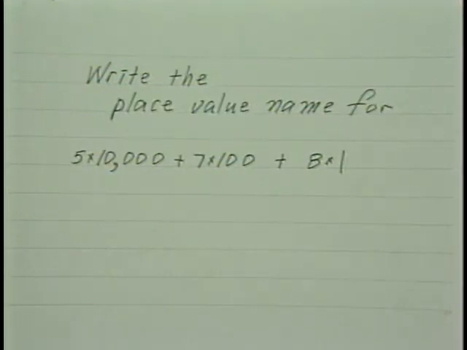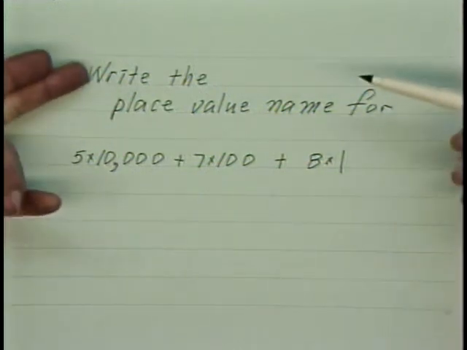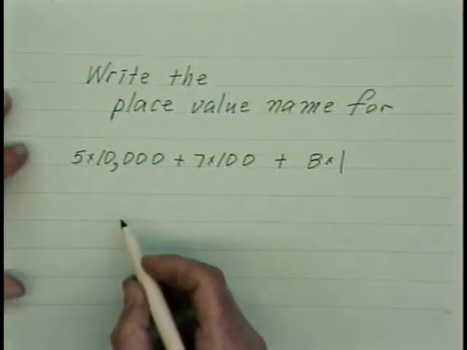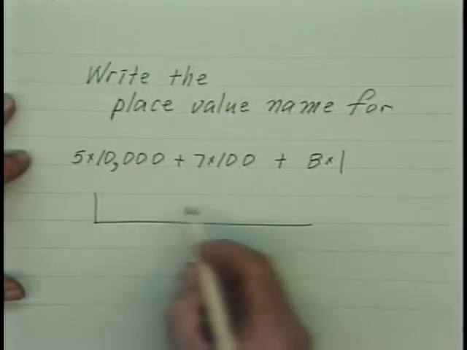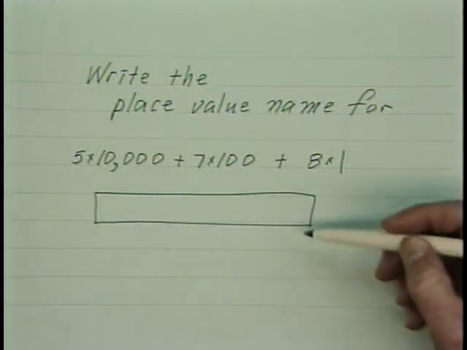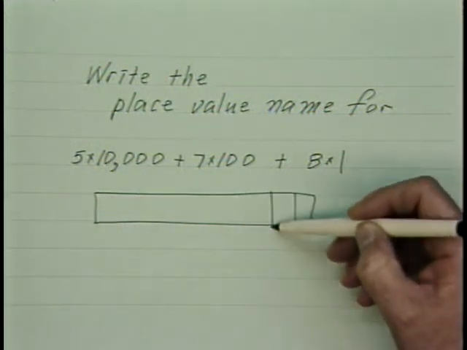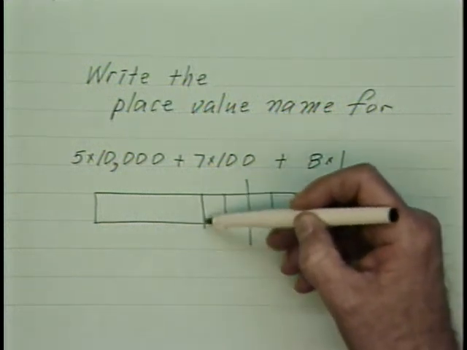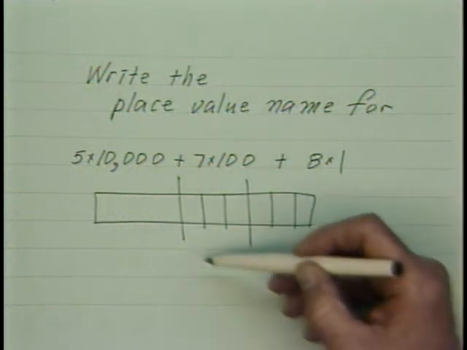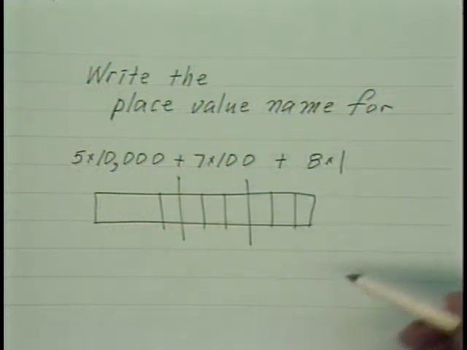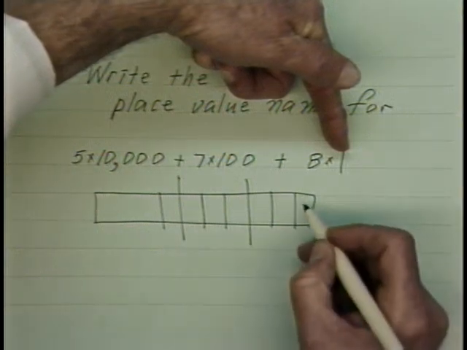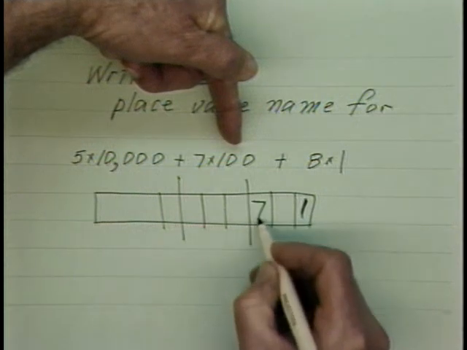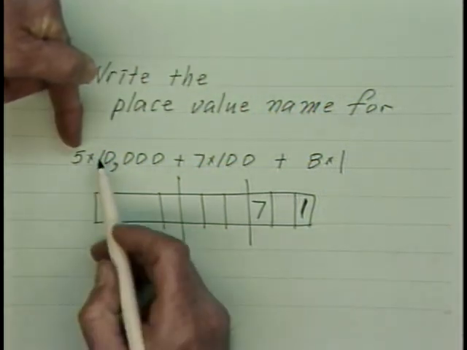Let's turn that question around and ask ourselves what the place value name is for this expanded form. So if we were to concentrate on places, we have first the ones place, tens, hundreds, 1,000, 10,000, 100,000, 1 million, etc. So this says I have 8 ones, 7 hundreds, but here's my hundreds place, and 5 10,000s.